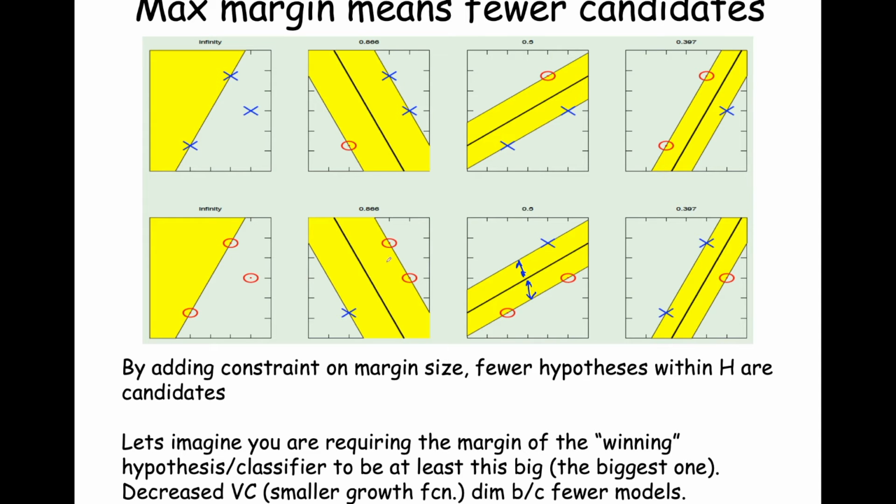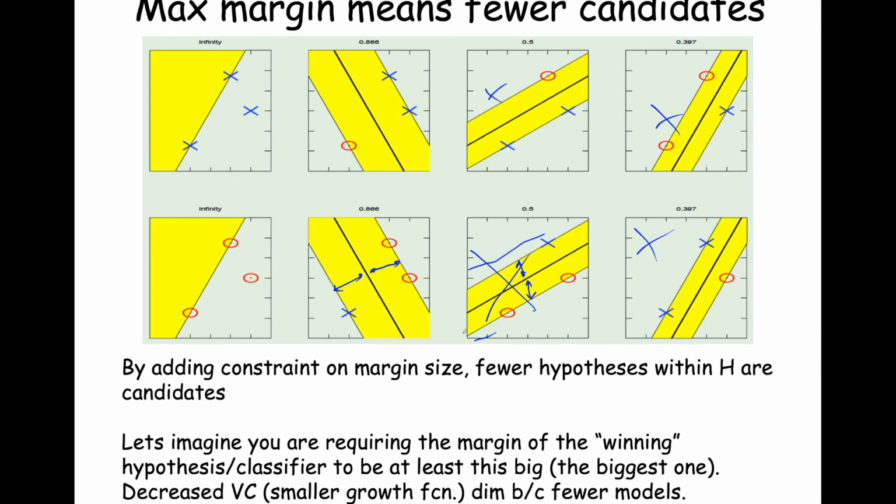What if we were to impose a constraint that your margin had to be bigger? Well, that would mean this hypothesis is eliminated from consideration. And this hypothesis is eliminated from consideration, so is this one, and so is this one. If we set a constraint that your margin has to be this big.